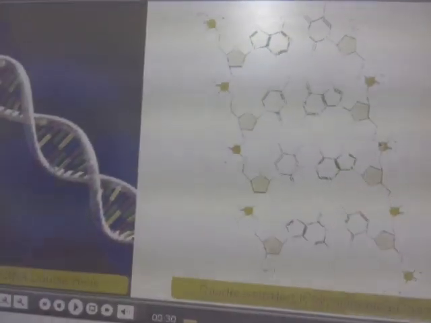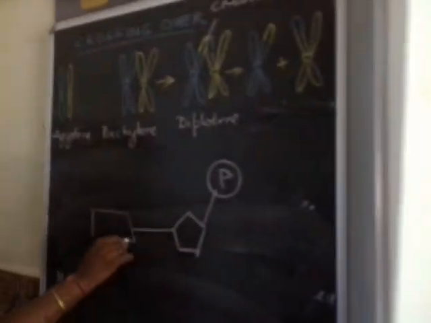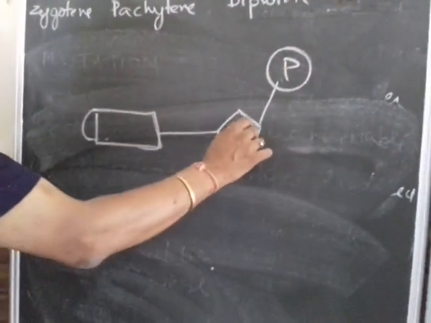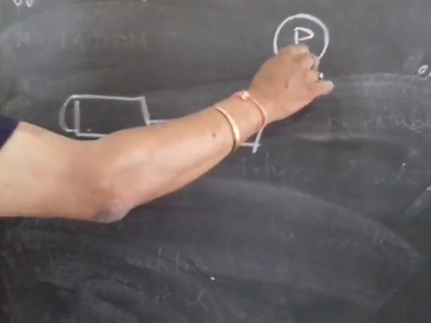We are going to know that a nucleotide consists of a sugar, a phosphate and a base. So a phosphate, which is a phosphoric acid.